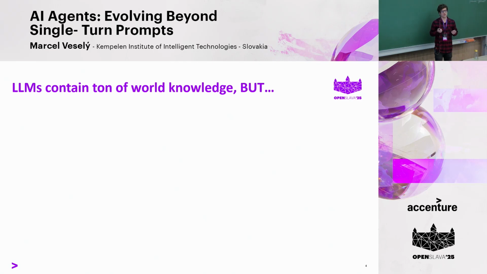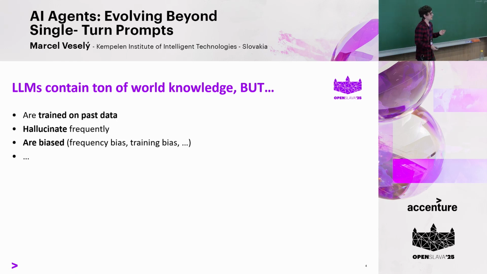So as you may already know about LLMs and what they are, you should be rather familiar with them, and they do in fact contain a ton of world knowledge. It's quite impressive how much information they can retain just from training alone, but they have a ton of shortcomings associated with them. And so you might think that because of these shortcomings, LLMs are not necessarily the best in terms of providing relevant factual information or responses to your questions.